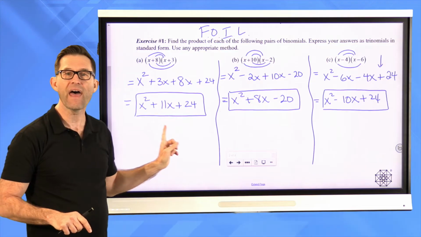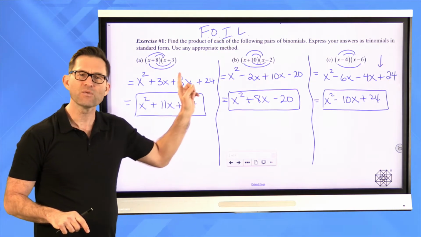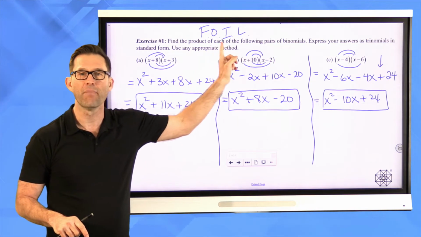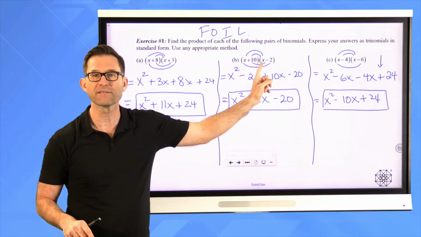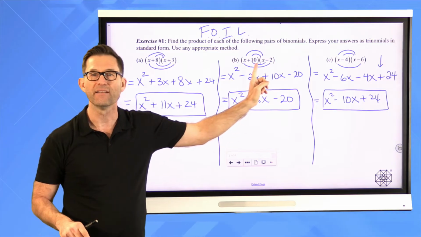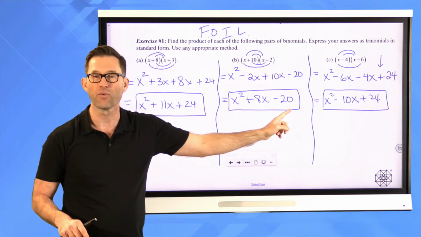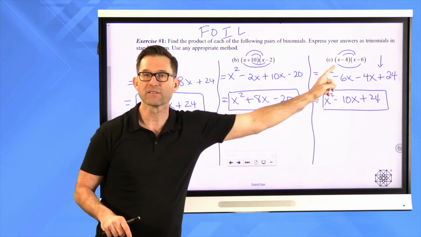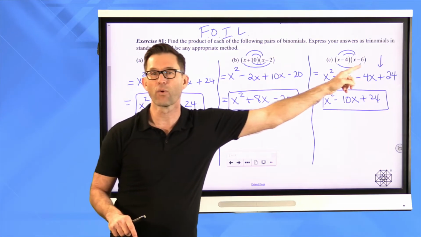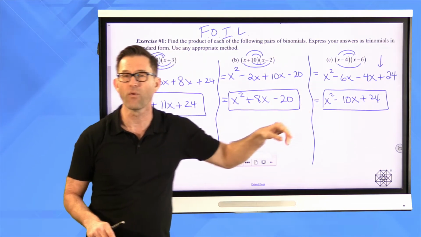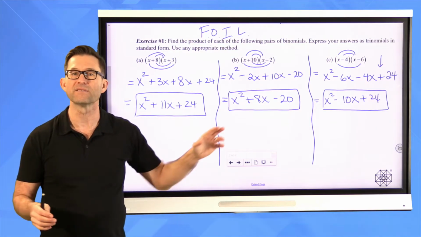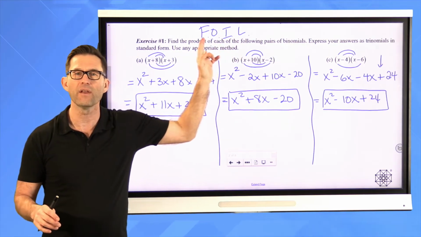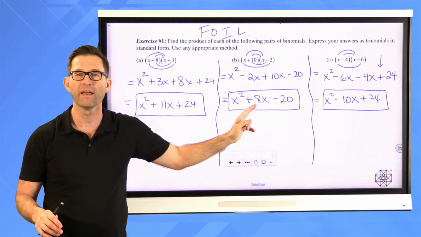The 11x, the thing in the middle, comes from the O and the I combining with each other. And that's true in each case. If we just concentrated on x times x, x squared, and 10 times negative 2, negative 20, and x times x, x squared, and negative 4 times negative 6, positive 24, those things all make sense. It's the O and the I that interact with each other to combine to give us this middle term.